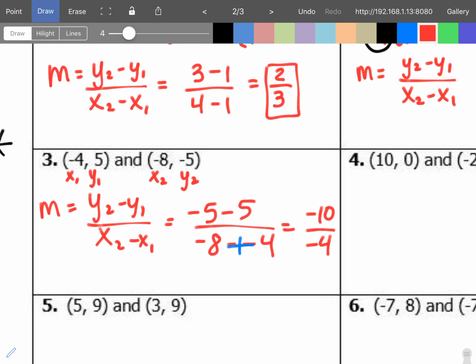What's a negative divided by a negative? Isn't that a positive? So it's going to be positive. Now, can we simplify 10 over 4? What can we divide each top and bottom by? Don't they both go into a 2? So we could say 5 over 2. And that's your final answer. That's your slope. Remember, again, we're finding slope.